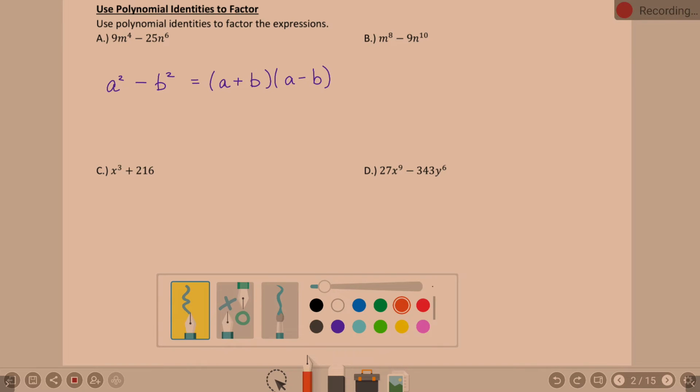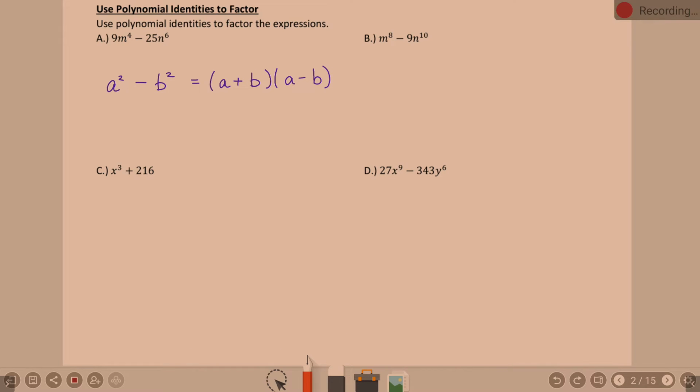Now, in order to do this, what do I need to be able to figure out? I need to be able to figure out what a is and what b is. Thoughts on what a is? 9. Let me ask a different question.